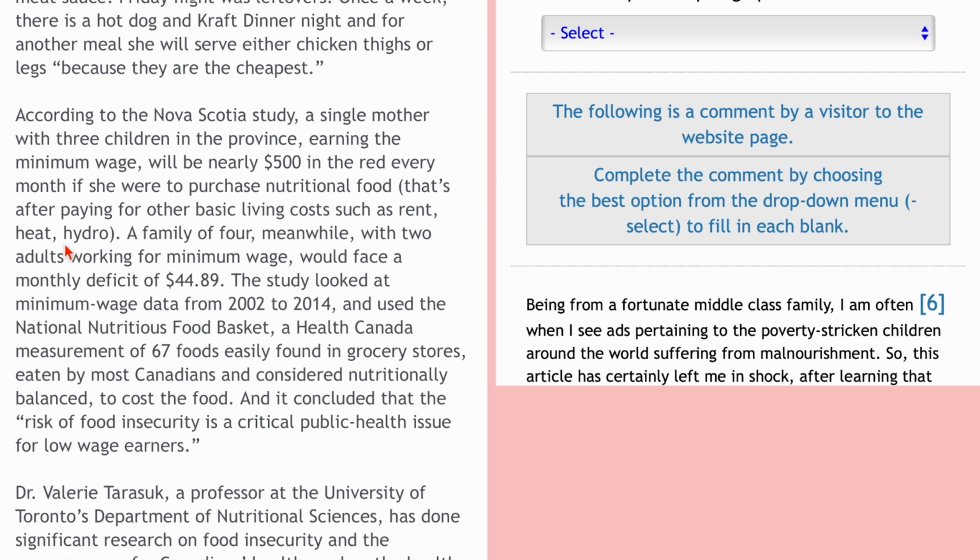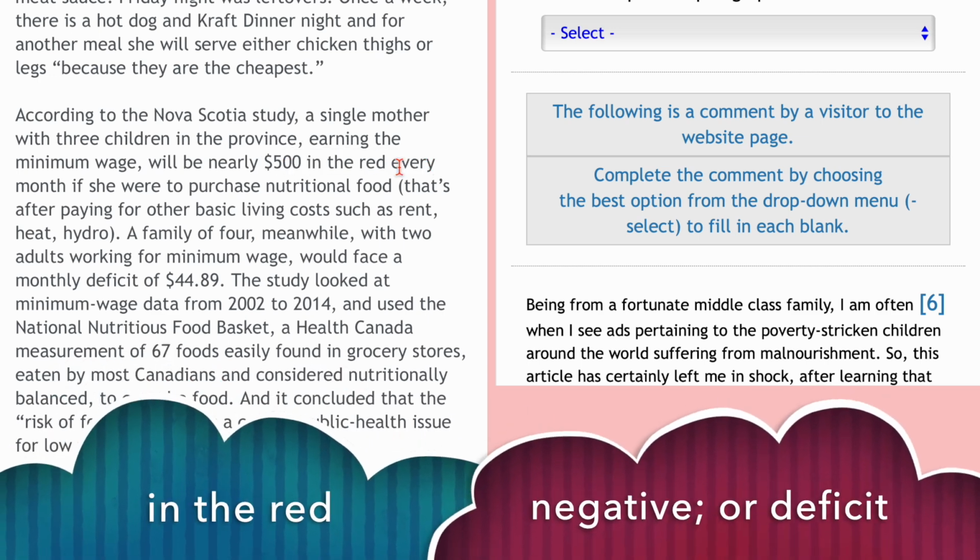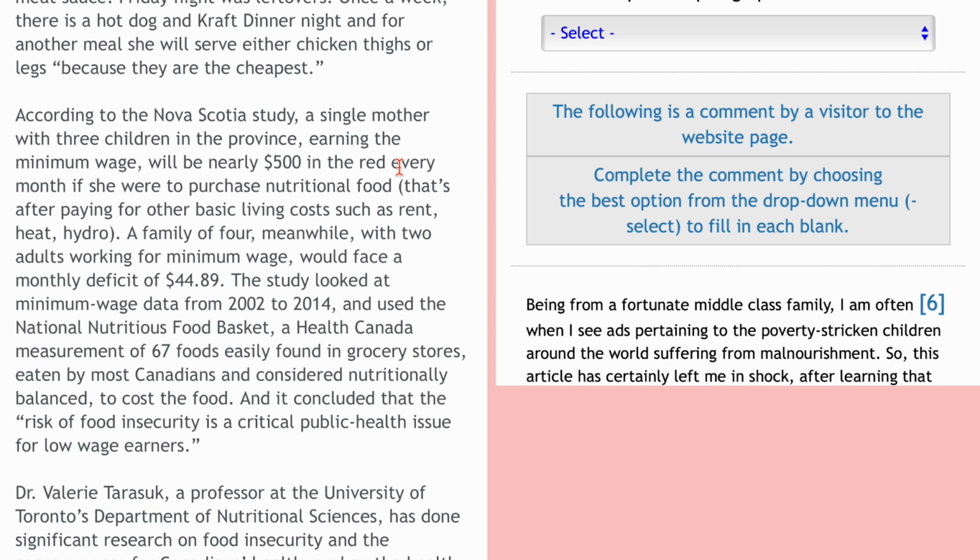Okay, will be nearly $500 in the red. It means that you're negative, you have a deficit. Okay, we often associate red with something negative, okay? So you'll be $500 short even if you work full-time earning the minimum wage, okay?